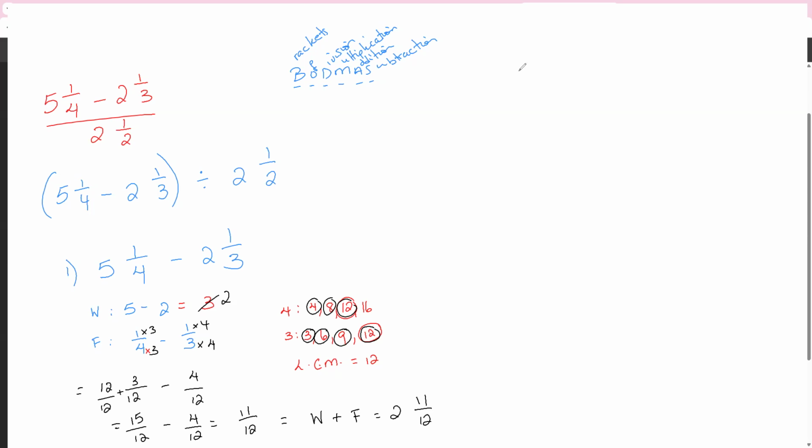And now we're left with 2 and 11 over 12 divided by 2 1/2, right? Because remember the next part after that, we needed to divide it by 2 1/2. So let's pause and work this one now.